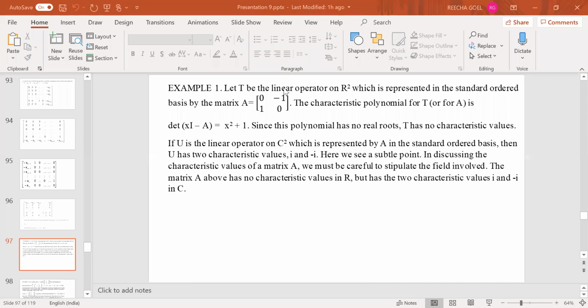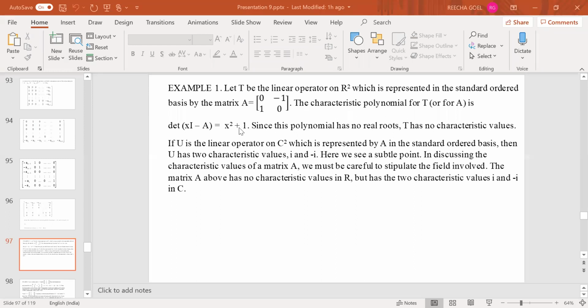So this particular operator is of no interest to me because its characteristic values, eigenvalues, do not lie in the field we are going to consider. But suppose I consider any other operator whose characteristic polynomial is again x square plus 1, but this time I consider the field to be C. Over C, the field of complex numbers, it has two roots, minus i and i.